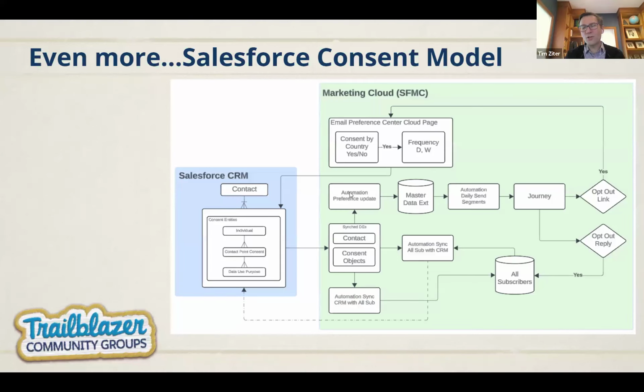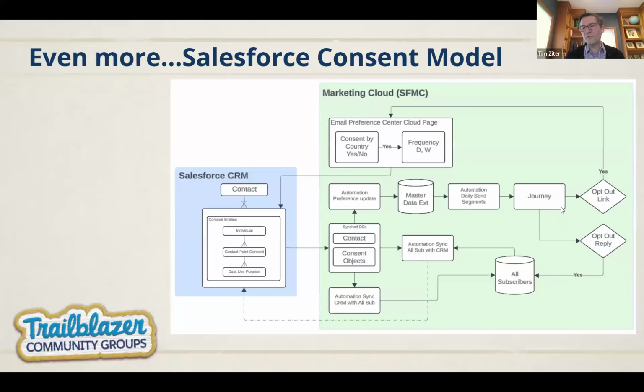You'd also want to create an automation that populates a data extension in Marketing Cloud so that you can segment who to send emails to based on that consent model preference.